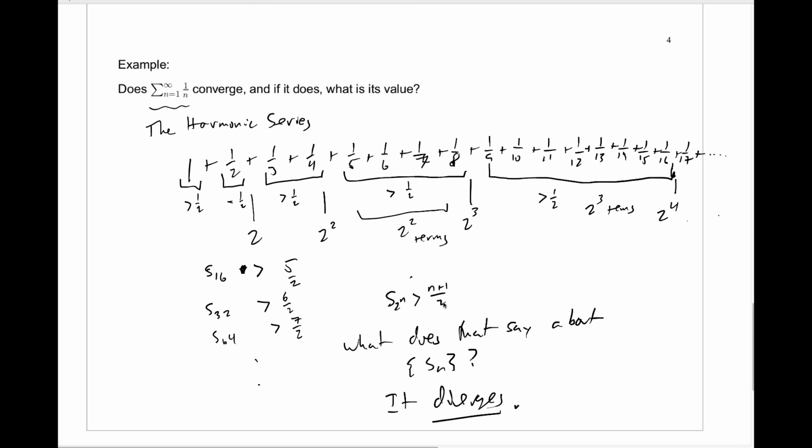If I go out to 2 to the 2 trillionth, I'll have partial sums that are bigger than 1,000,000,000,000. I can make those partial sums as big as I want. They won't converge to anything, so the harmonic series, the sum of 1 over n from n equals 1 to infinity, diverges, and there's no way we can assign any number to it.